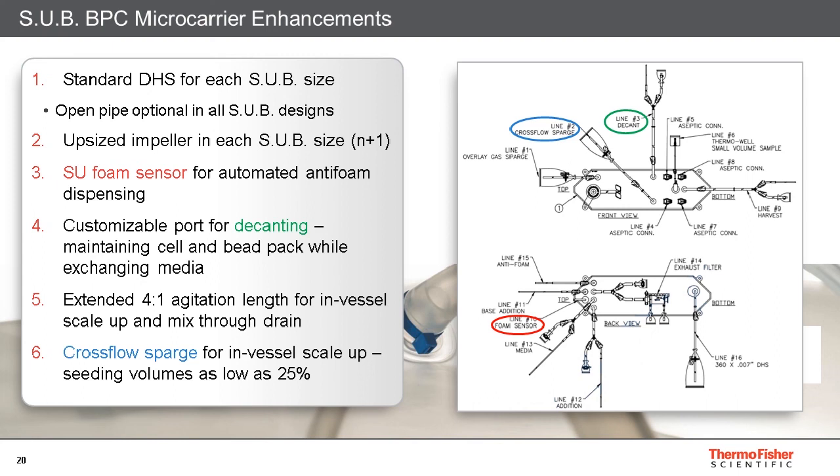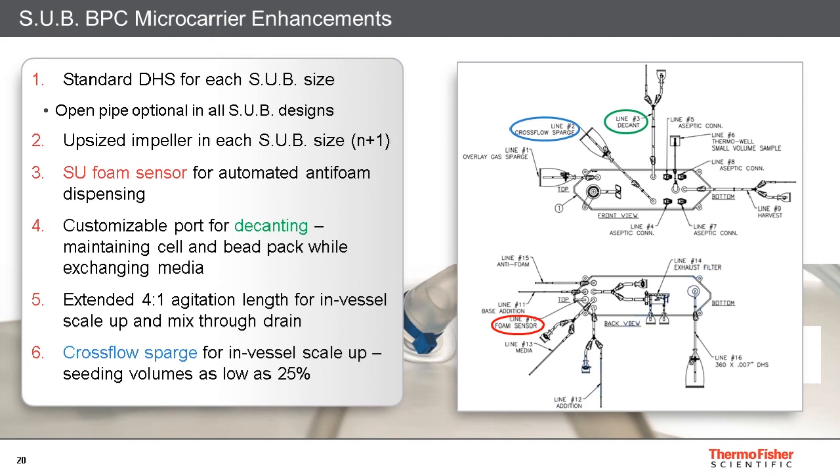And the last part, the 6th point mentioned in the slide, is the cross-flow sparger. That's really important during the seeding phase, when you're working at very low volume, because what we've noticed is that when you work at 20% or slightly more of the full volume, there's a lot of air, a lot of overlay on top in your bioreactor, and not so much media.